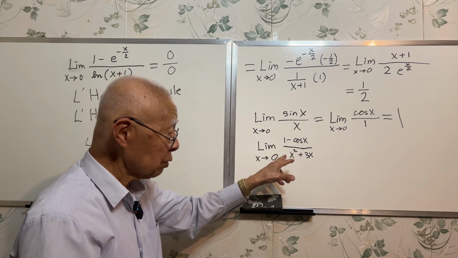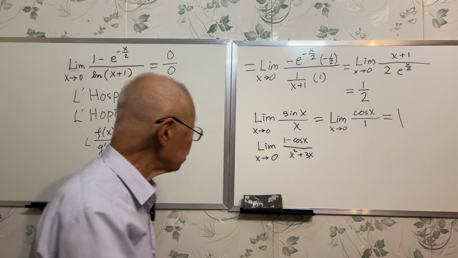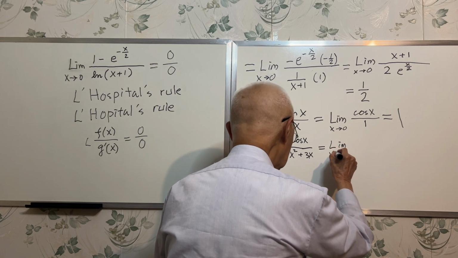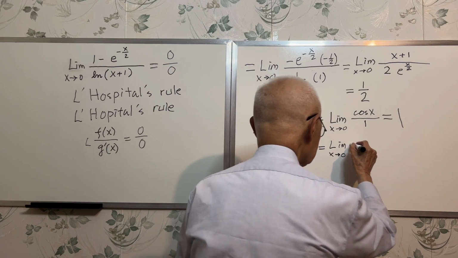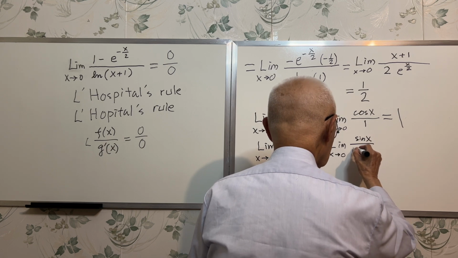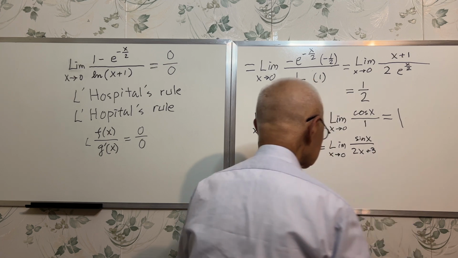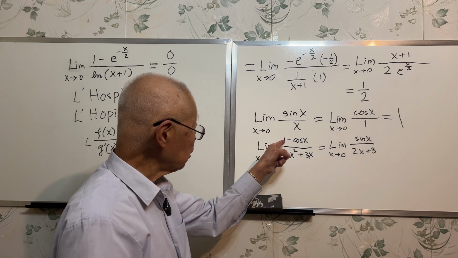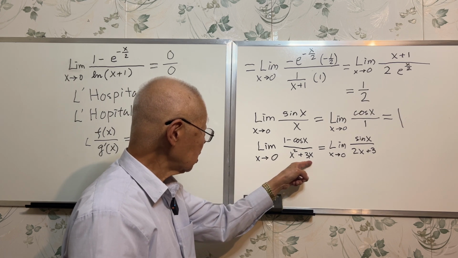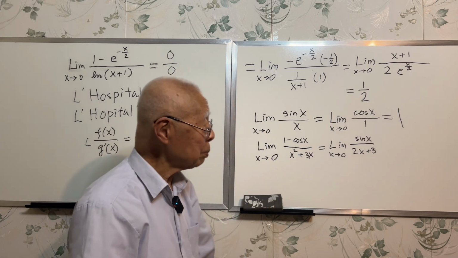So again, it is 0 over 0. So we use L'Hopital's rule. Do the derivative of the numerator. Derivative of the numerator is sine x. The derivative of the denominator is 2x plus 3. Then we do the limit again.